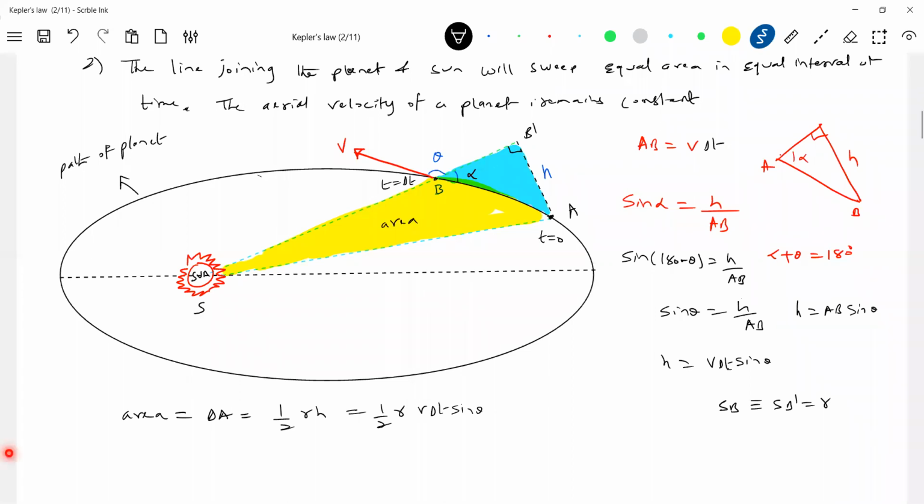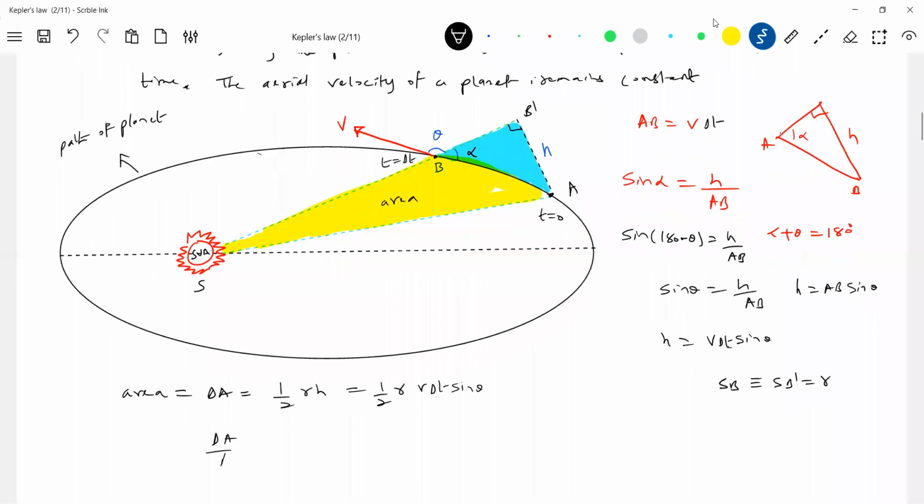Now delta A by delta T, I'm interested in this one. This should be equal to half into RV sine theta. What is delta A by delta T? What is delta A? Delta A is the area swept. And look at this one, RV sine theta, I'm writing it.